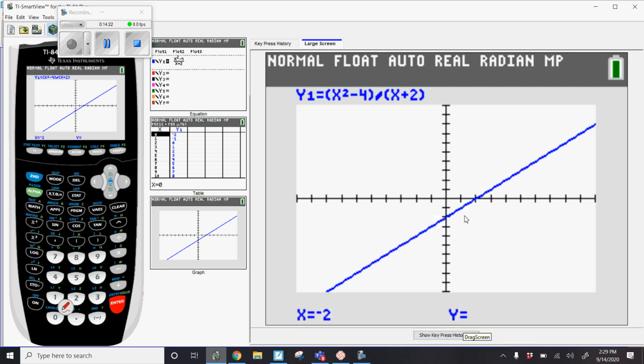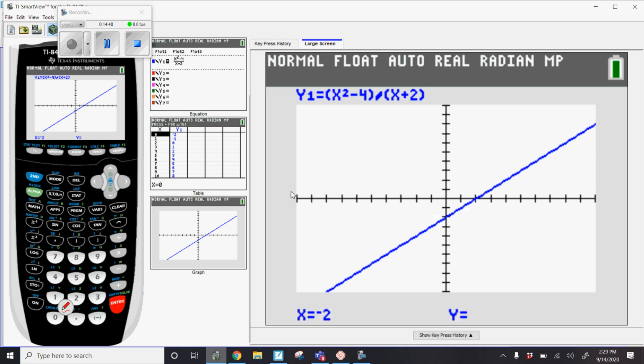So if you were graphing this in pre-calculus, you would have put a hole right here in your graph. The calculator can't really pick that up very well. Okay? But we can see here that when x equals -2, we're approaching the same from the right and from the left, right? We can see that the limit is certainly going to exist. It's not going to be a DNE limit.